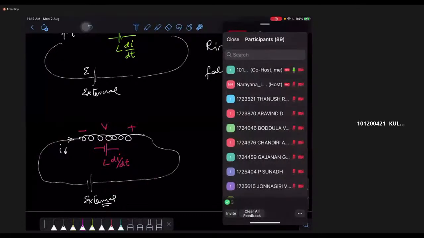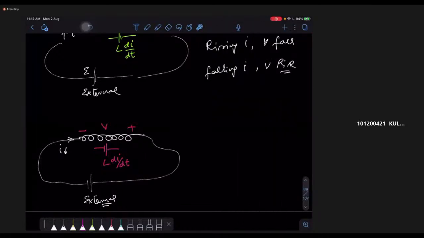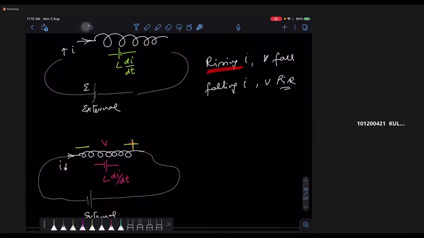Faraday's law or Lenz's law always says, oppose the cause. So who is the cause? The cause of my current change is the external battery. So it is going to oppose my external battery. So now the polarity is reversed: this side minus, this side plus. So it is easy to remember: when current rises, potential falls. When current falls, potential rises. Or you can also think here in a mathematical way.